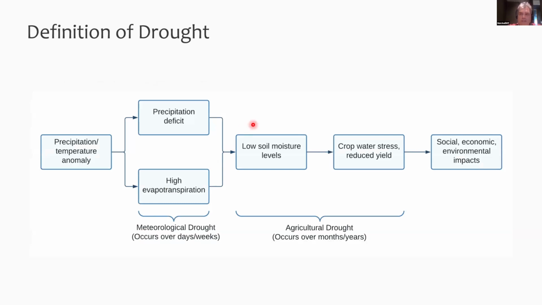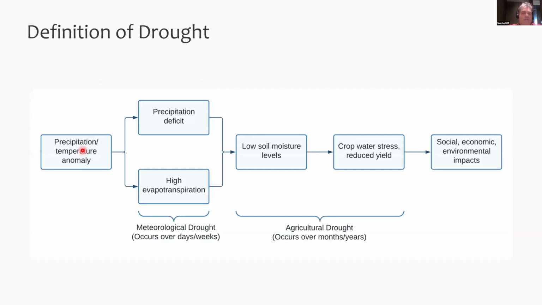So there are many ways to define drought, and I'm using this definition here just to orient you in terms of evapotranspiration. So in this definition, there's some kind of precipitation or temperature anomaly. This could be due to global circulation pattern changes.